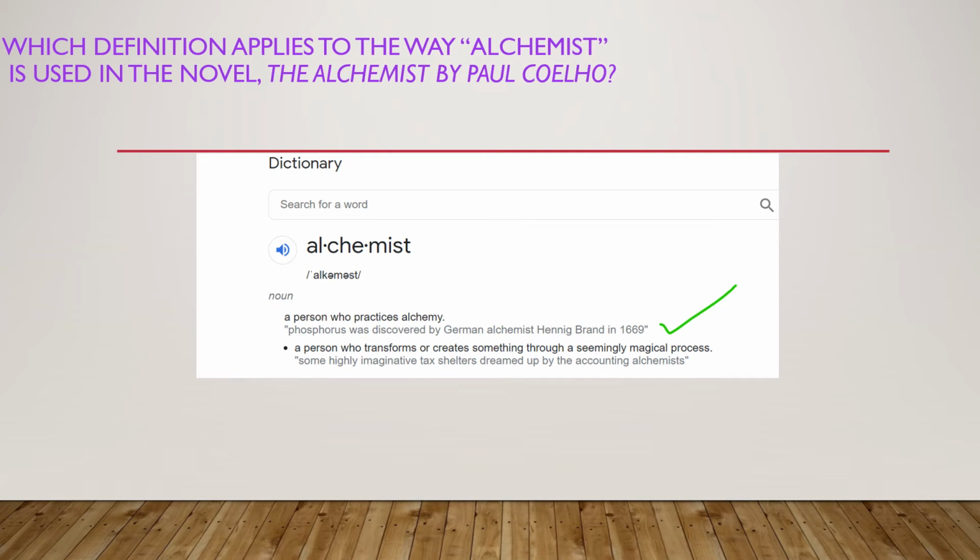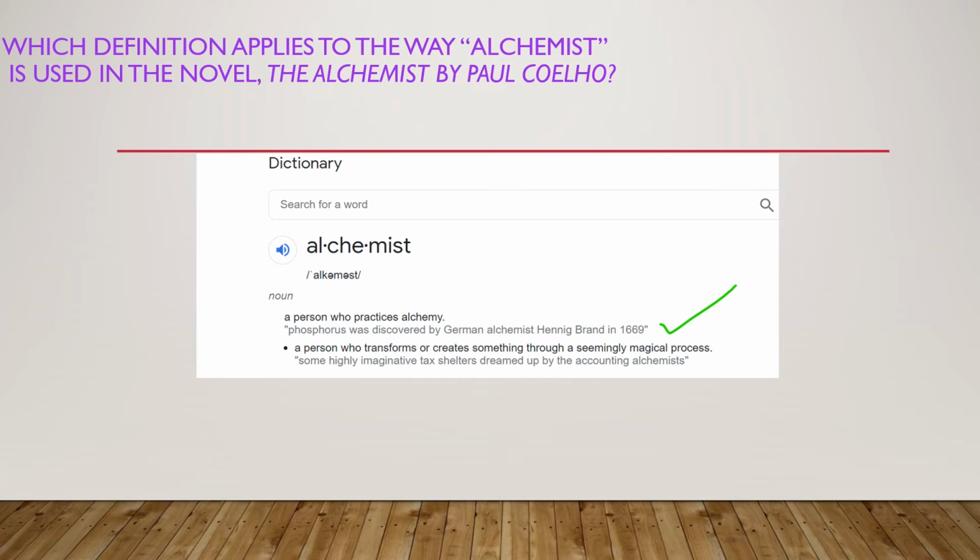So the question is, which definition applies to the alchemist, which is the title, The Alchemist by Paulo Coelho? Well, one definition is a person who practices alchemy. And the example is the phosphorus was discovered by German alchemist Henning Brand in 1669.